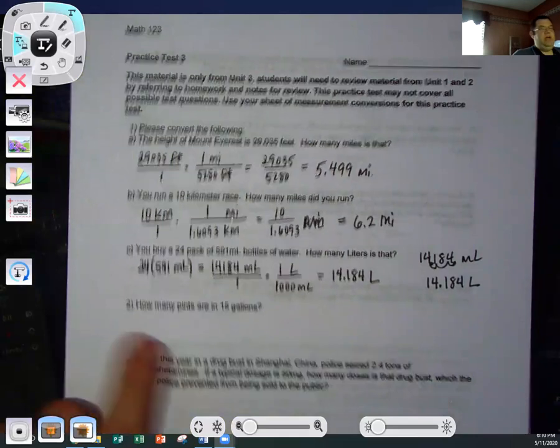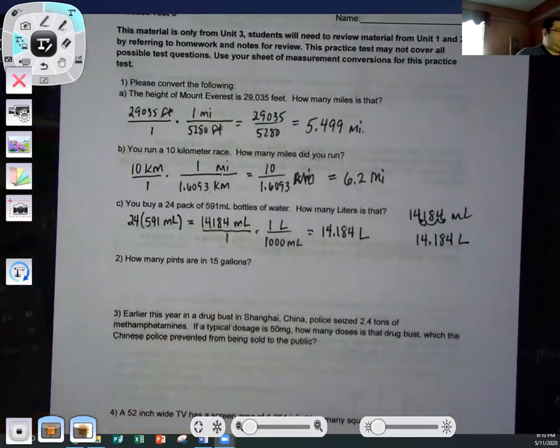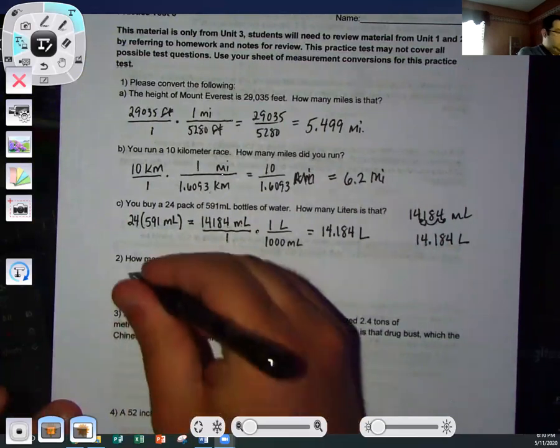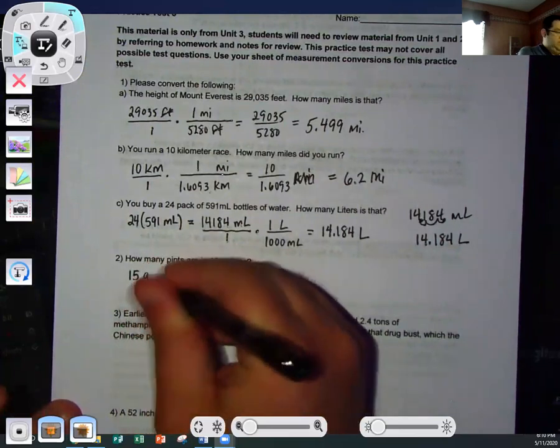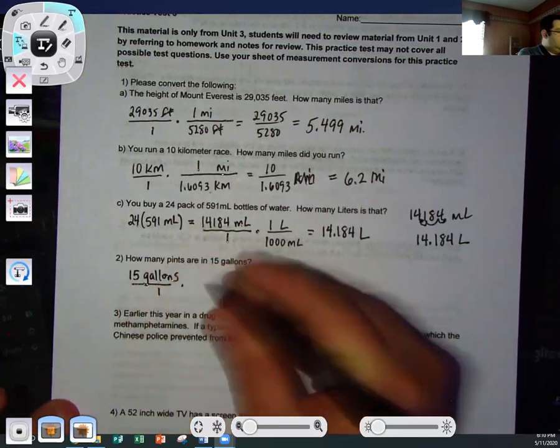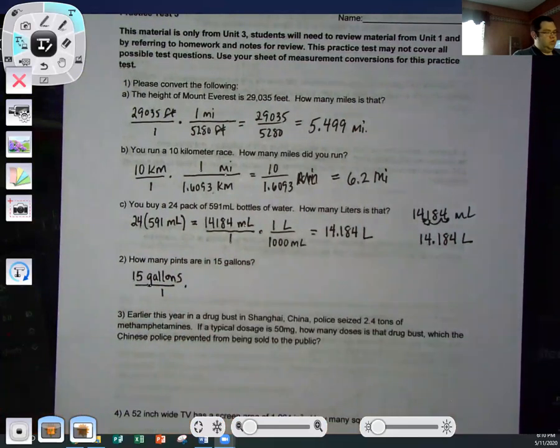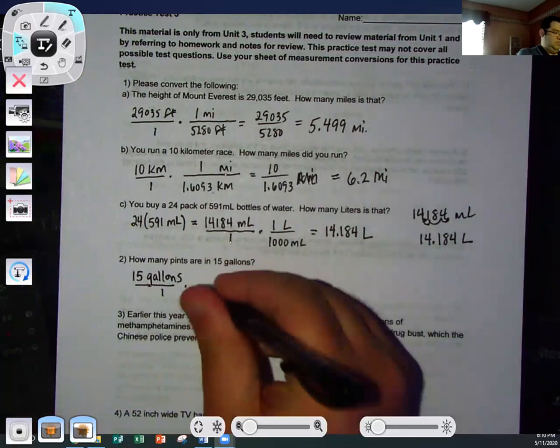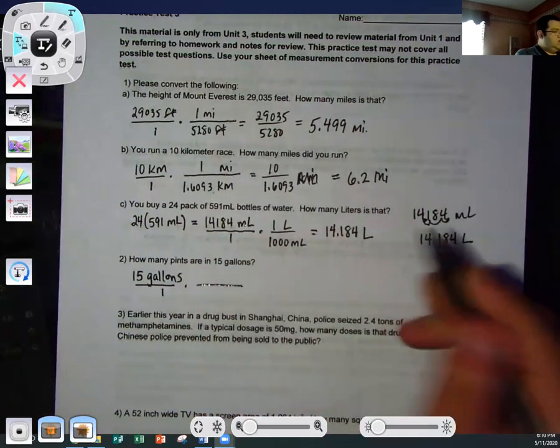Next up, it says how many pints are there in 15 gallons? So I start with my 15 gallons. I'm going to put it over 1. There's no direct conversion from gallons to pints. So we have to go gallons to quarts, then to pints.